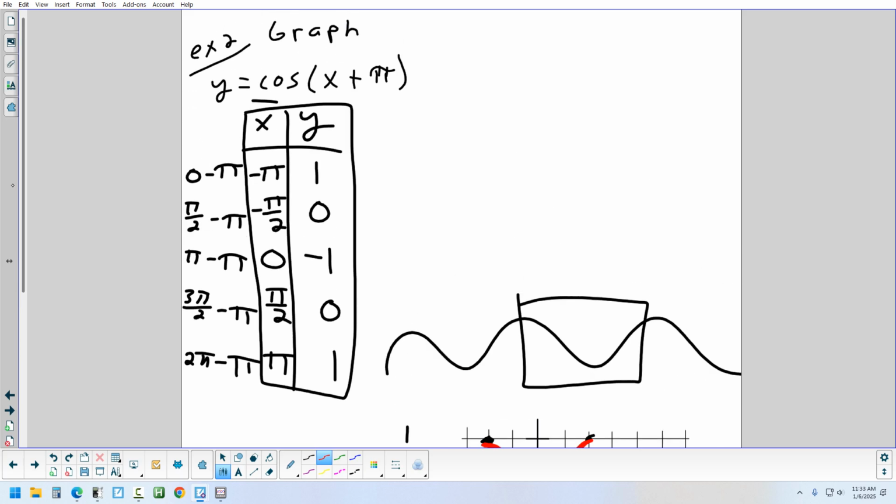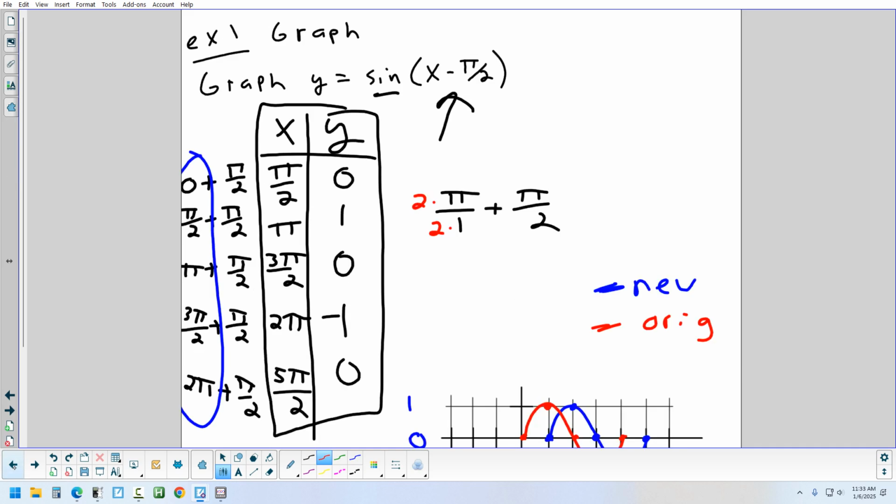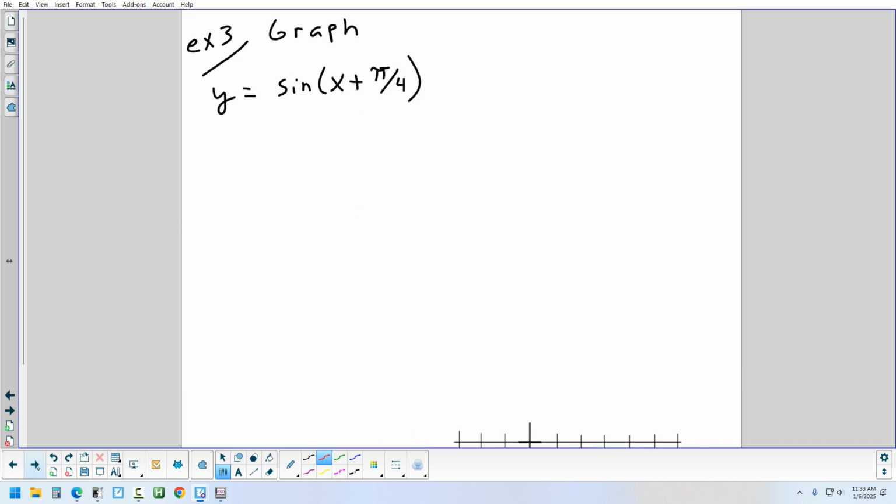All right, so that was a little bit bigger shift than the last one. That was a shift of pi, or 180. The first one was a shift of pi over 2. Now let's do a shift of pi over 4. All right, so which column stays the same?